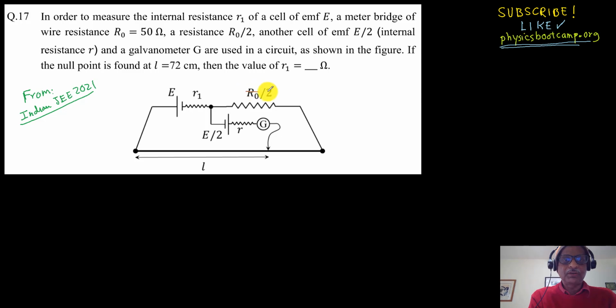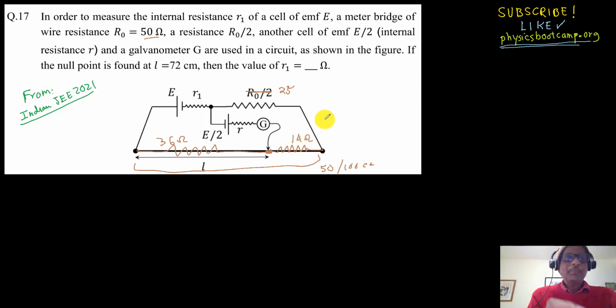So this one is given to be 25 because R0 is 50, and from here all the way here is 50, and this is only 72 over 100 centimeters per 100 centimeters. So this one is up to 70 centimeters. So this one can be thought of as 36 ohm, and this side can be thought of as 14 ohm.